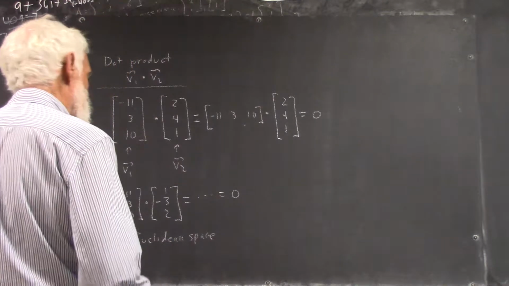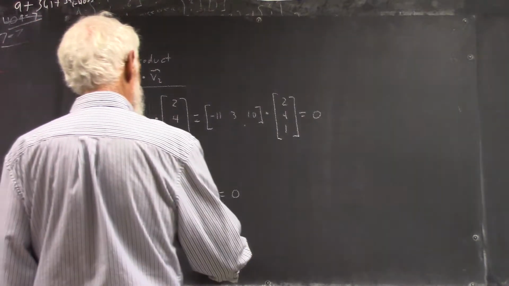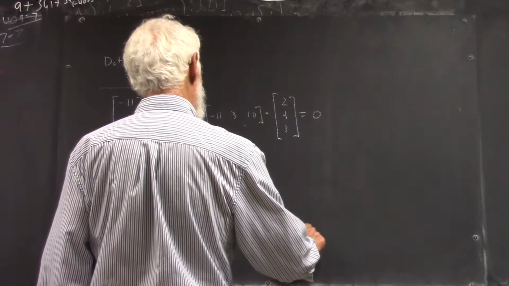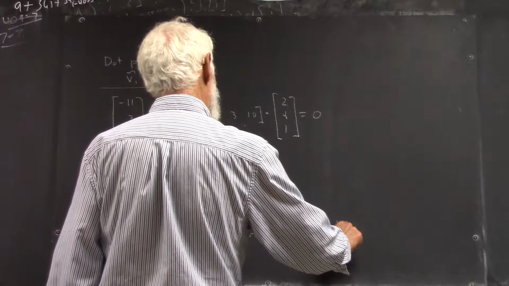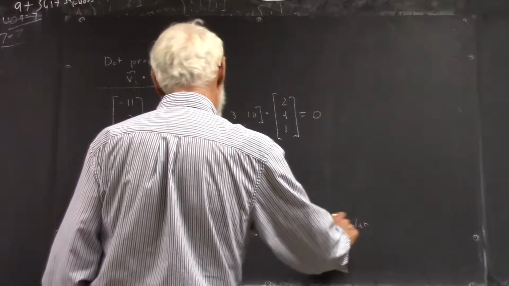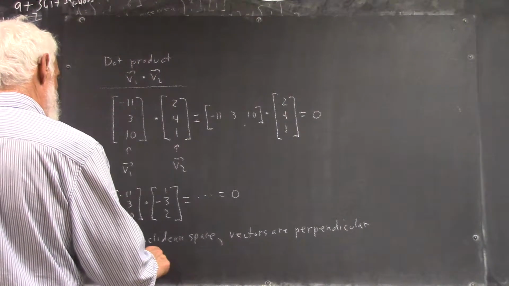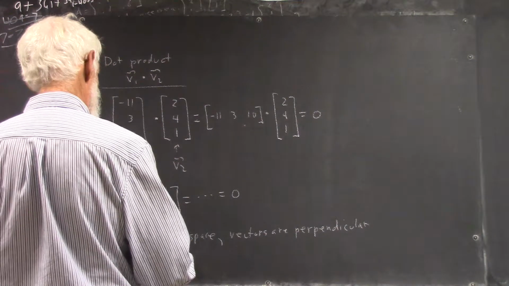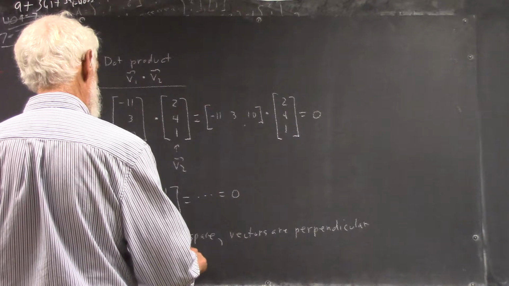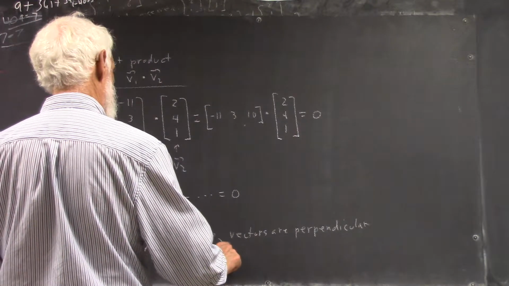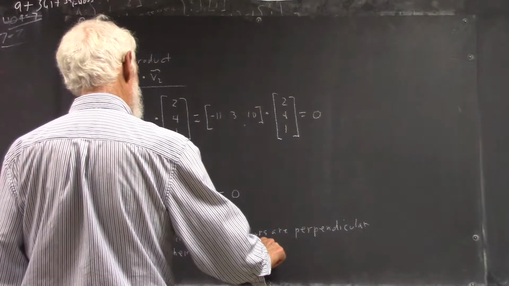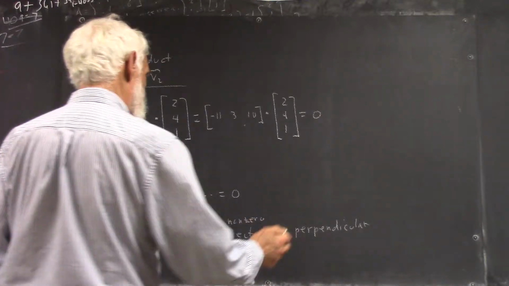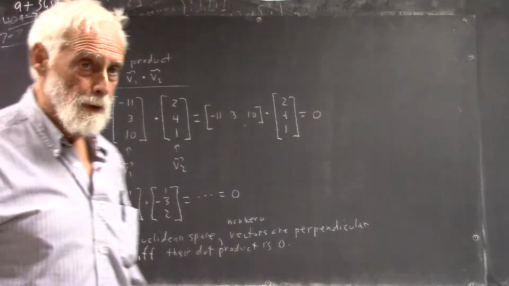But in Euclidean space, vectors are perpendicular if and only if, and I should probably qualify it, non-zero vectors are perpendicular if and only if their dot product is 0.